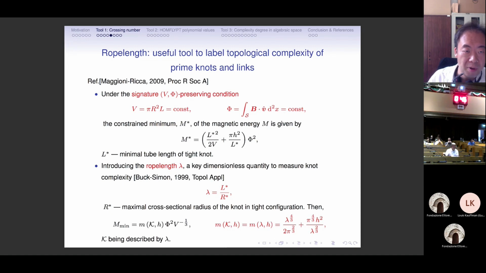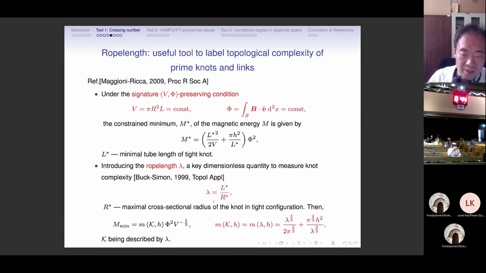In this paper, Francesca and Renzo give us this result, introducing the concept of rope length lambda. Lambda is the ratio between L star and R star. L is the total length of the knot, and R star is the radius of the cross section, right?